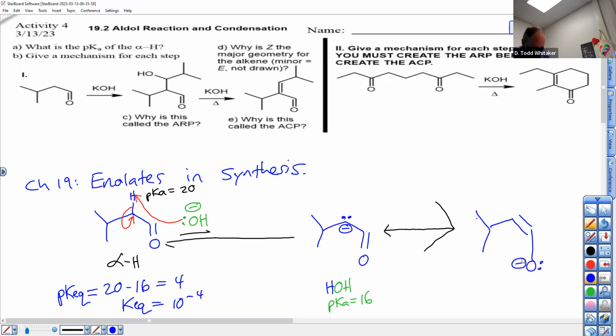Oh, you want even a more stable resonance form? I'd say the geometry is a little more favorable there. There you go. That's called an enolate. That's where it gets its name. I mean, the whole deal is called an enolate.